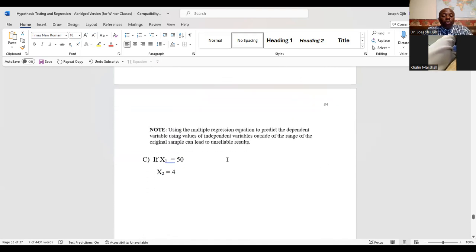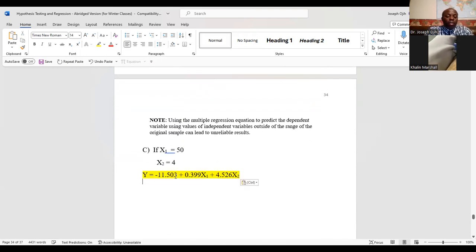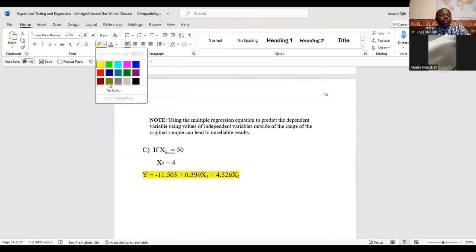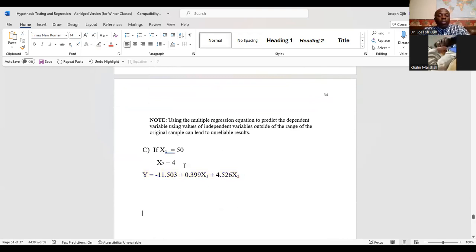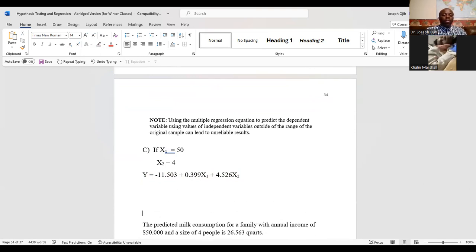You just plug these numbers into this equation. X1 is 50, X2 is 4. So the milk consumption for a family with that. I'll make it bigger.